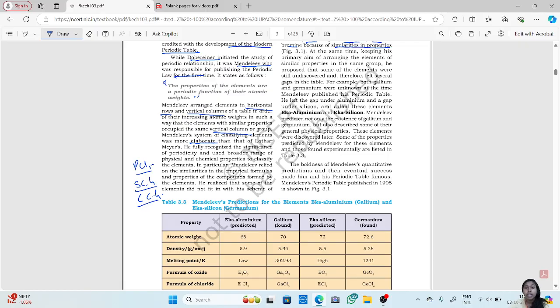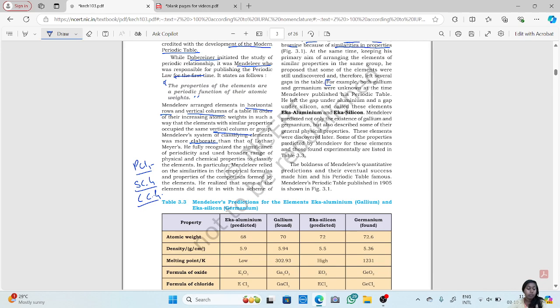Okay. Now, for example, both gallium and germanium were unknown at the time Mendeleev published his periodic table. He left a gap under aluminium and a gap under silicon and called these elements eka aluminium and eka silicon. Now you can see here it is very interesting.